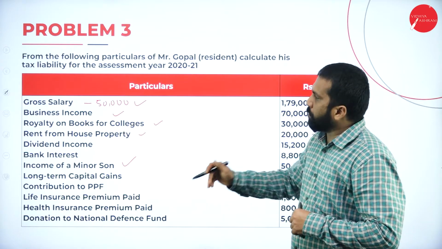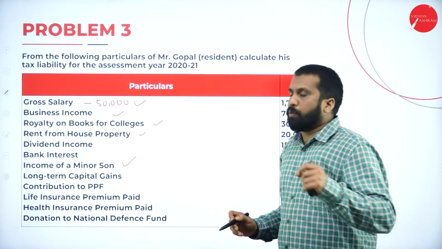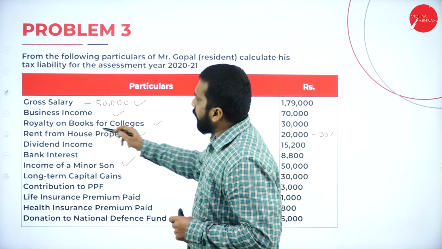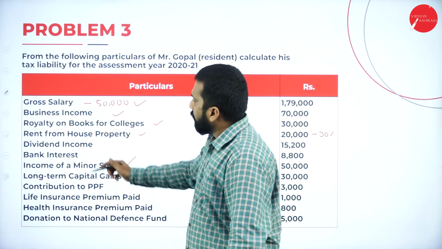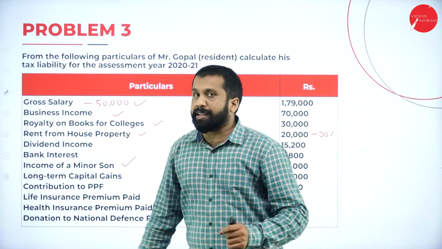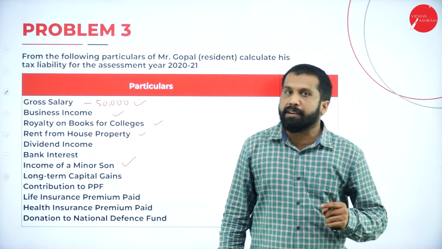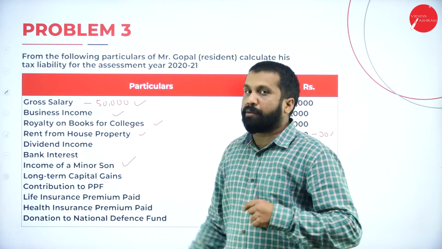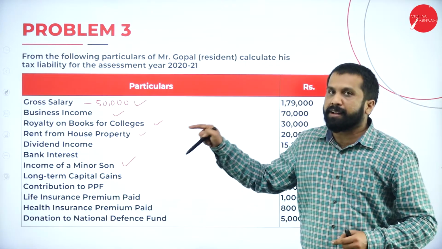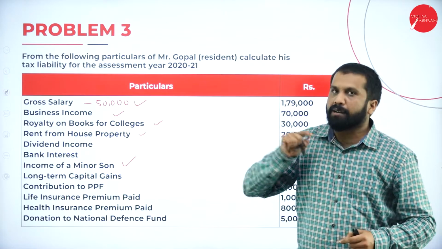Why? Because you know what to do with salary, what to do with business income, and how to calculate your rent from house property. Then, dividend income, taxable or exempted? Exempted, if it is an Indian company. Nothing is mentioned, so we have to assume that this dividend is from an Indian company.